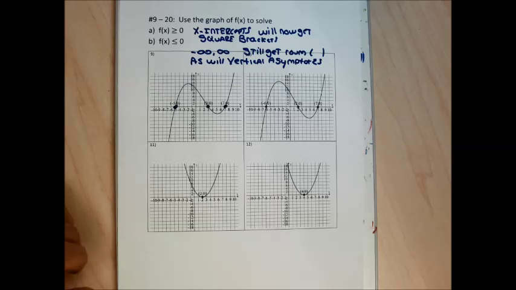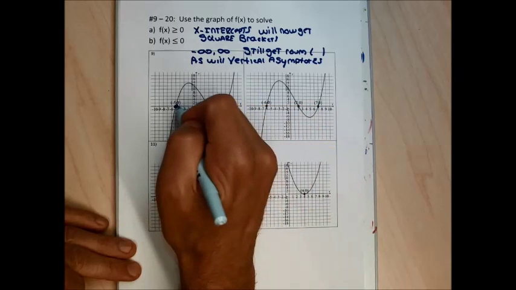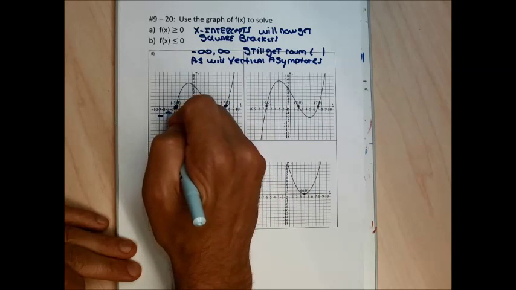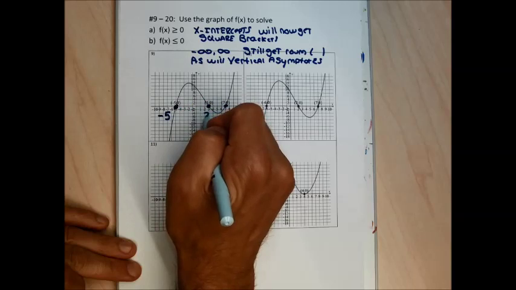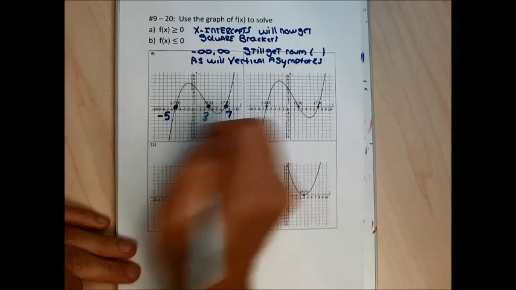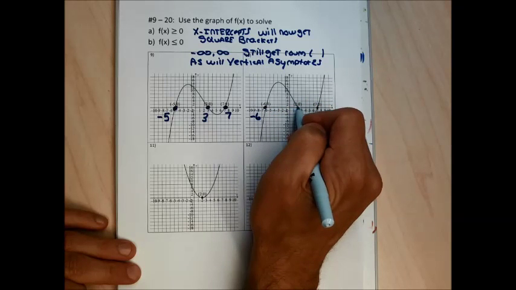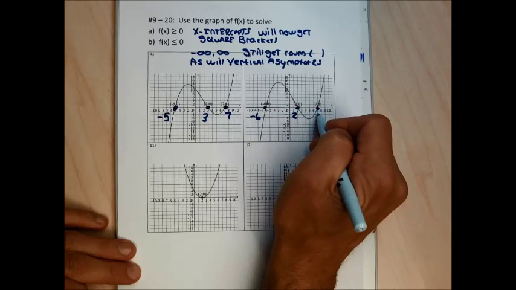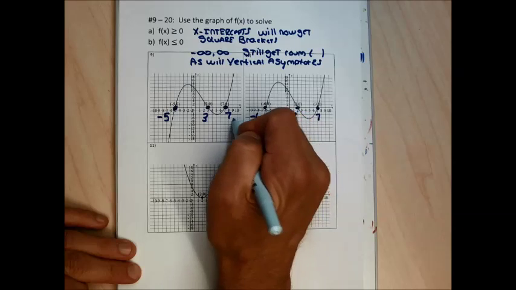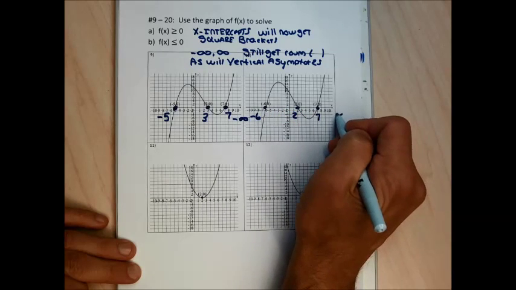So when I go to do problems 10 and 12 that are on this page, I'm going to mark up my x-axis. When you go to do problem 9, you're going to put -5 on the x-axis, +3 on the x-axis, and +7 on the x-axis. I'm going to put -6 on the x-axis, +2 on the x-axis, +7 on the x-axis, and negative infinity and positive infinity.